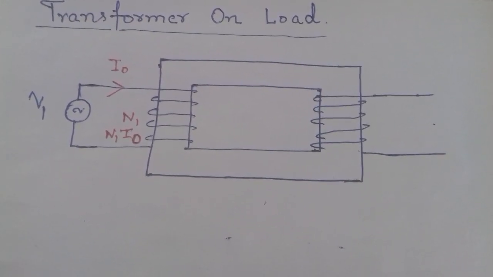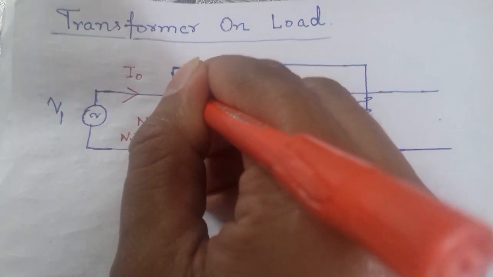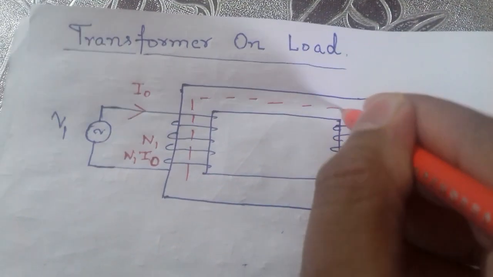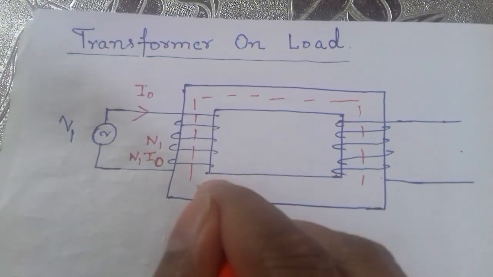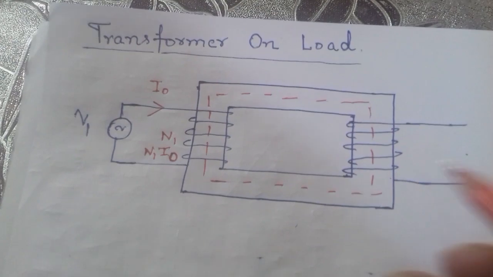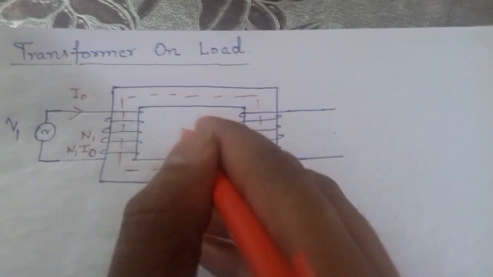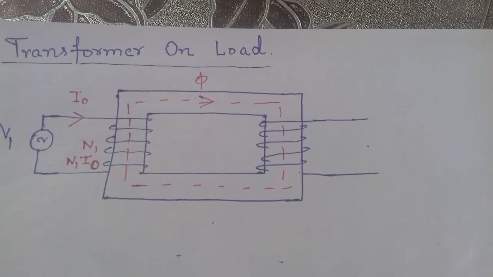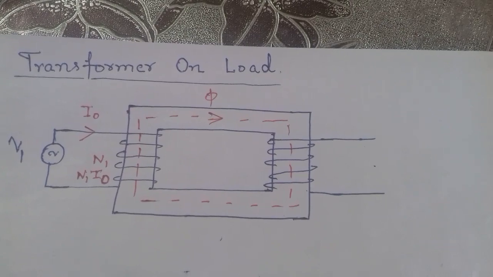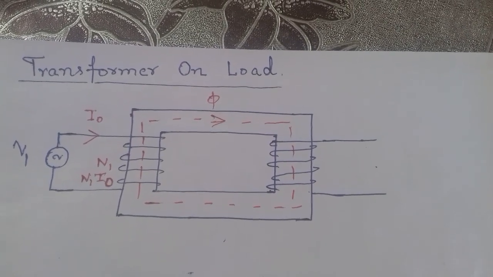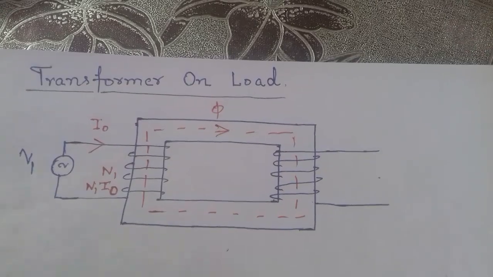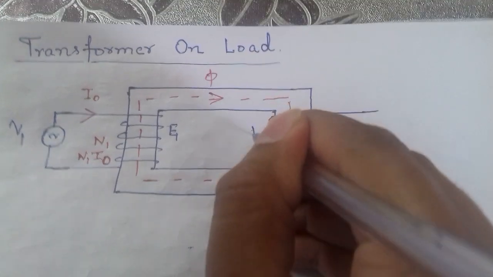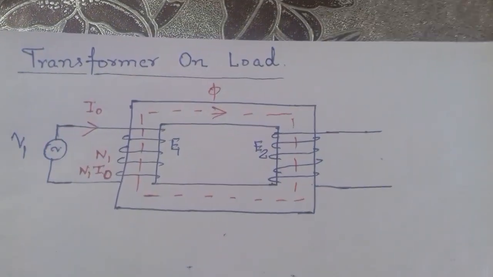Now this MMF will produce a flux phi in the iron core. This flux will induce EMF E1 in the primary and EMF E2 in the secondary.